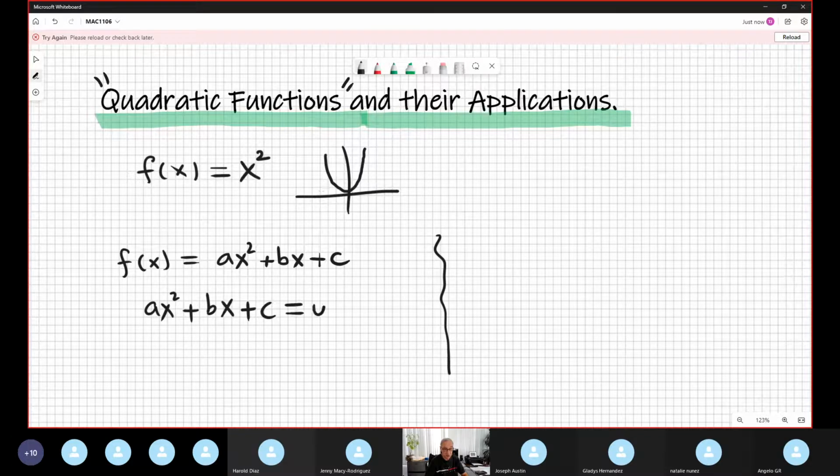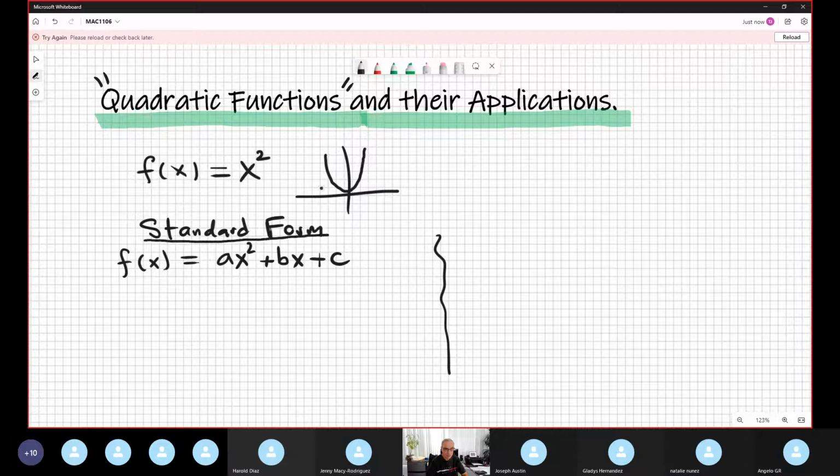You put equal to 0, because I want to find the x-intercept. This is called the standard form.